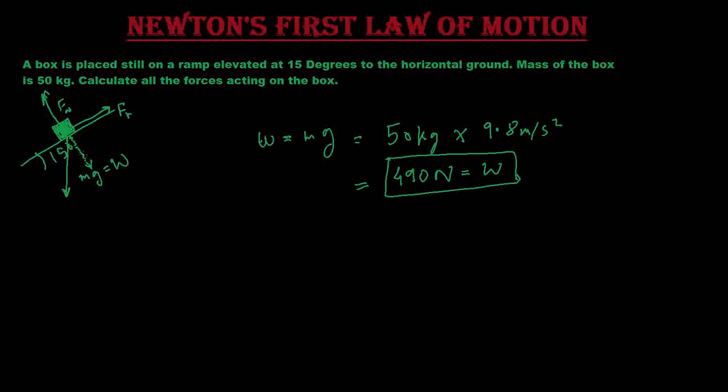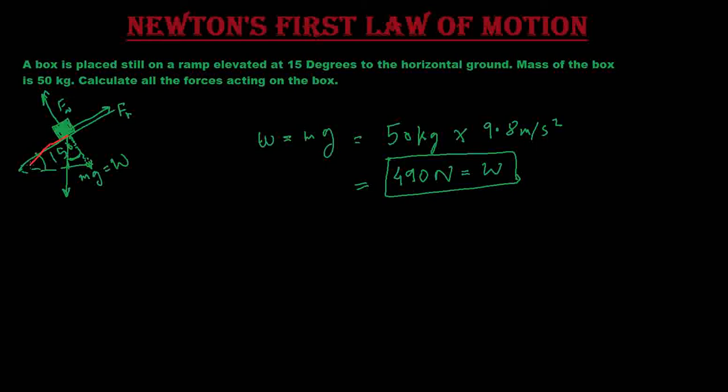That force is basically a component of the weight force. The weight has a component acting perpendicular downwards to the ramp, and this must be equal to Fn. So we have to find this component of the weight to find Fn.